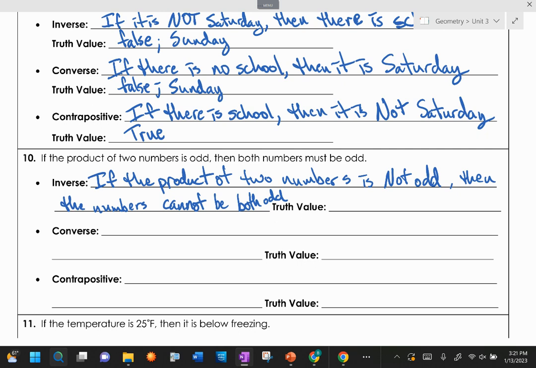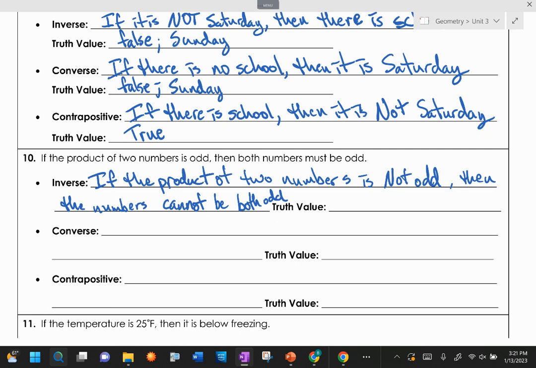That would work, but what's our issue there? They're not both odd or even. It's a sum, not a product. So product is dealing with which operation? Multiplication. Okay, which is probably where our issue came in. So if the product of two numbers is even or not odd, then the numbers cannot be both odd.